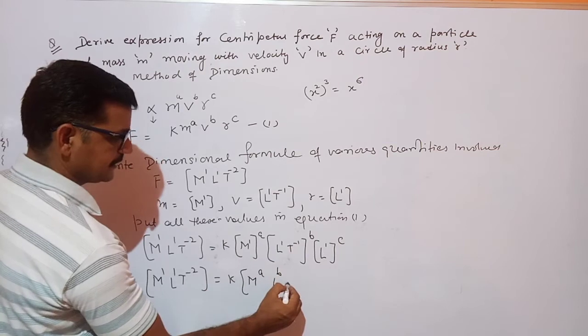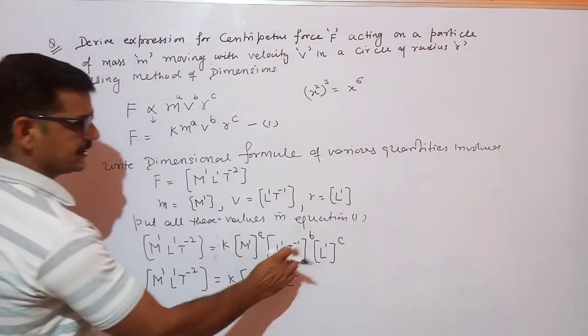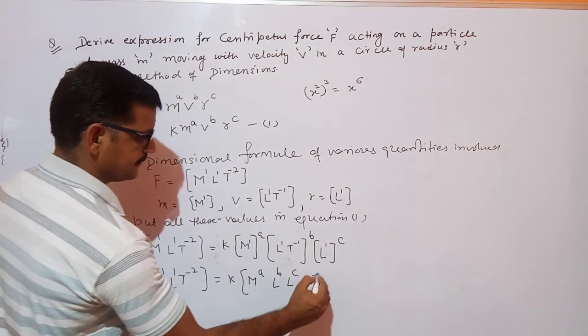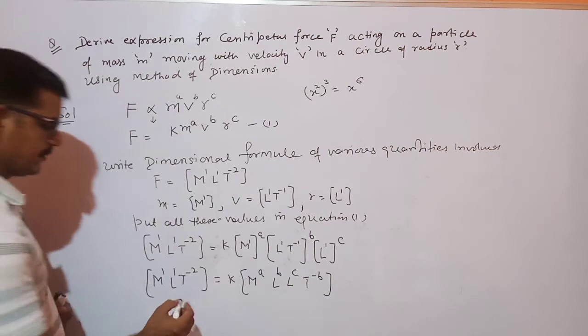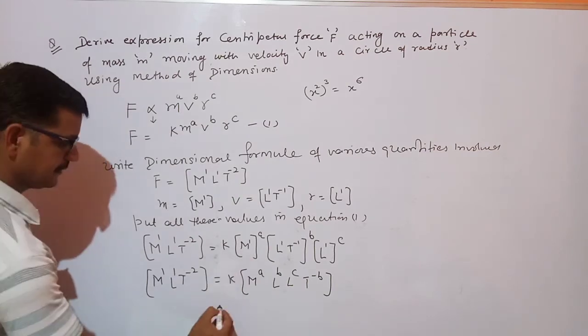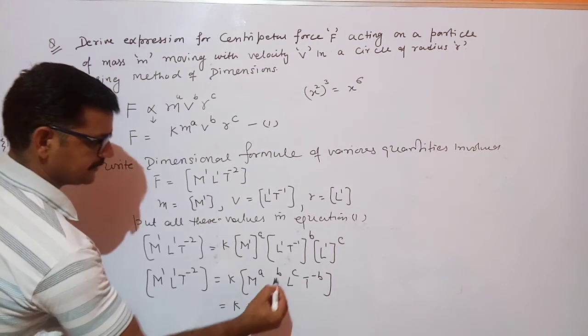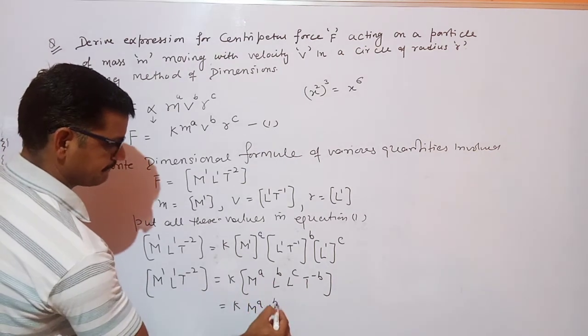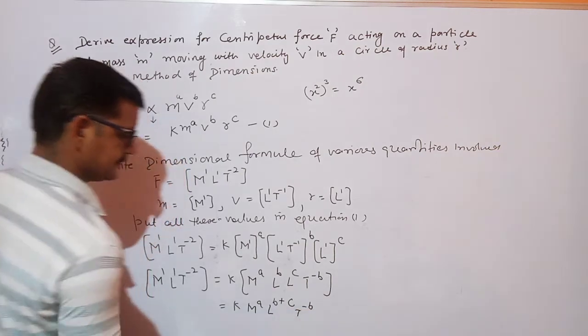So combine this: l power b, l power c, t power minus b. So now what will we get? k, m power a, l power b plus c, and t power minus b.